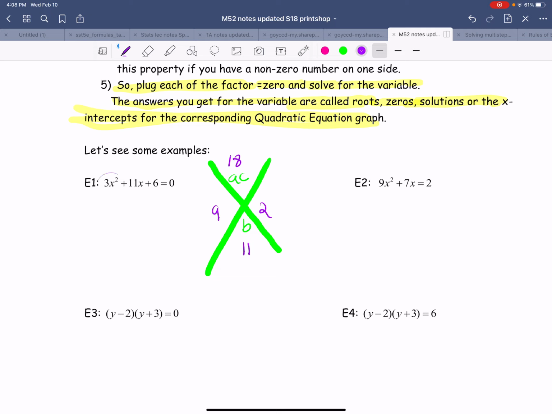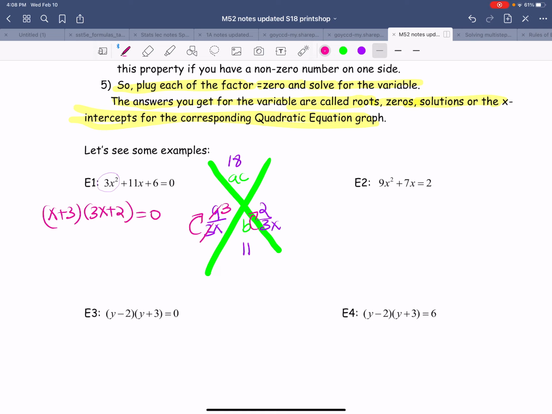And because my a is 3, I'm going to be dividing both by 3x and 3x. Now let's see if I can simplify any of these fractions. Looks like the first fraction can be simplified and the second cannot be. Once your fractions are simplified, use the bottoms up and you have your factors. So x plus 3 is your first factor and 3x plus 2 is your second.